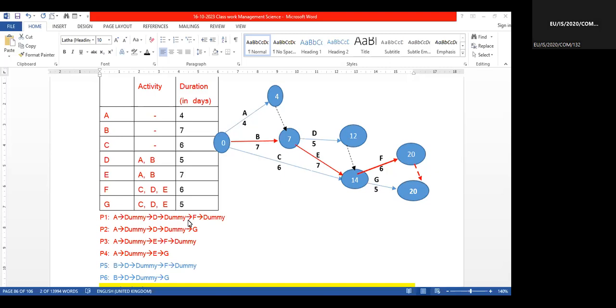Why are these critical activities important?